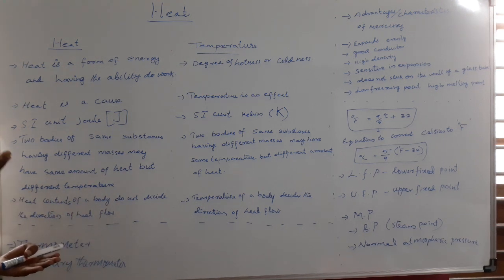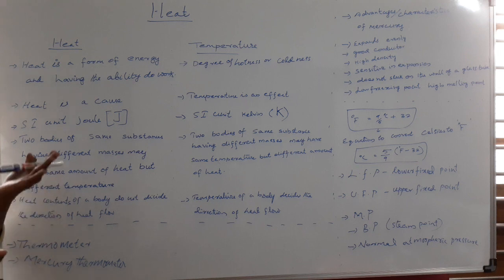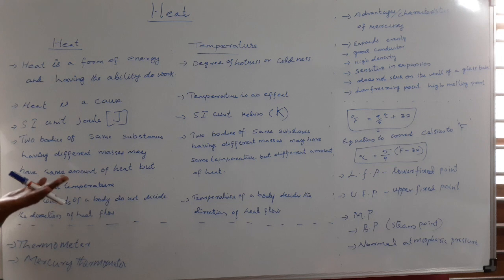For example, if it is 30 degrees Celsius, then it would be 15 degrees Celsius. This is 1 kilogram of water, this one is 2 kilogram of water. Both are the same substance having different mass, but they may have the same heat. If the amount of heat is the same, then the temperature will be different.